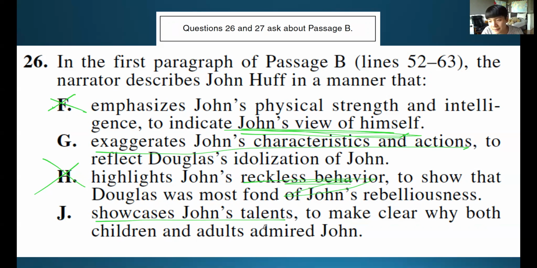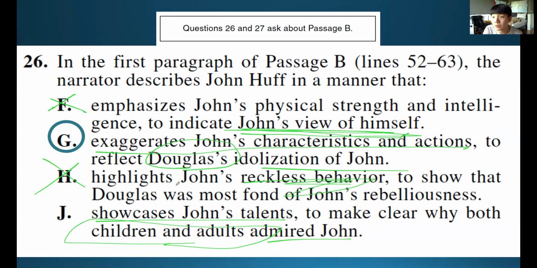This one says to reflect Douglas's idolization, and this one is to make clear why both children and adults admire John. So we have a question to ask ourselves. Did only Douglas admire John, or did everyone admire John? Well, the correct answer is G, because only Douglas admired John. It never gives an indication that everyone admired John.